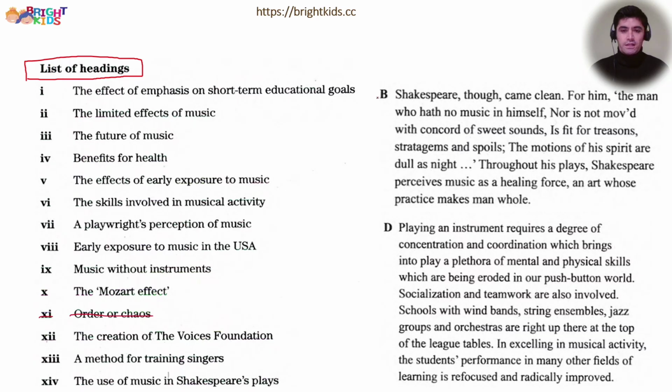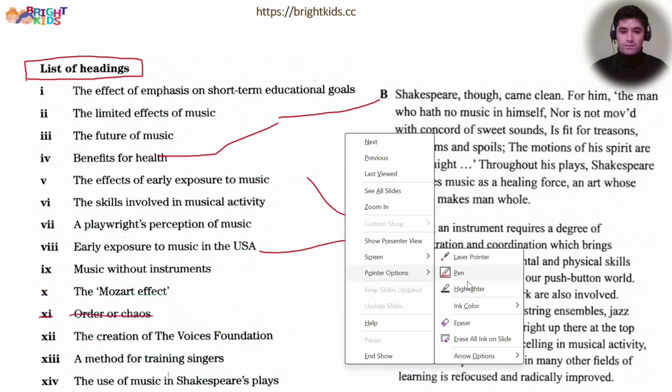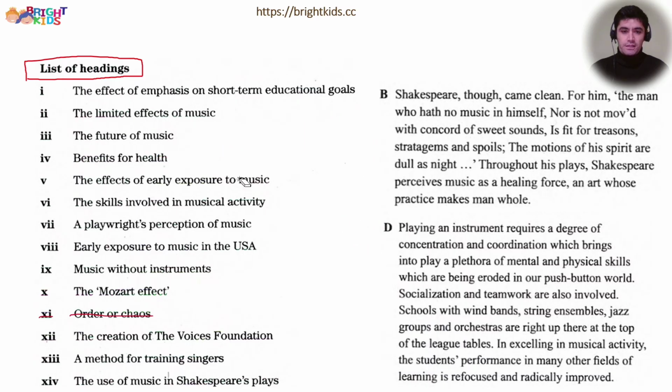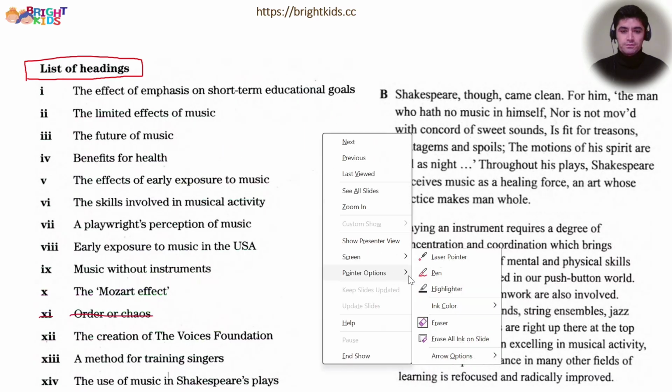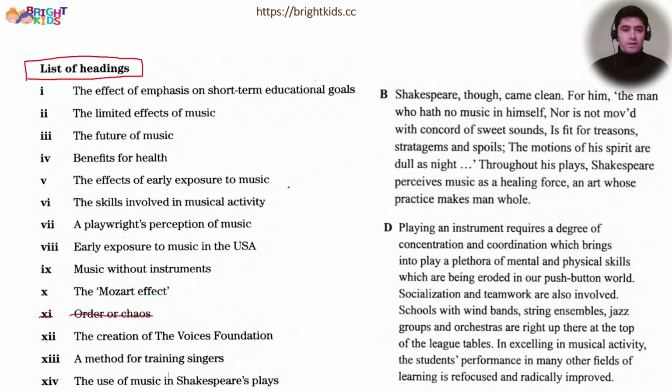What we're going to do is, after we find the headings for each paragraph, we can just match it like this, with the correct one. Alright, so let me erase this first. Okay, now let's start dealing with this task.